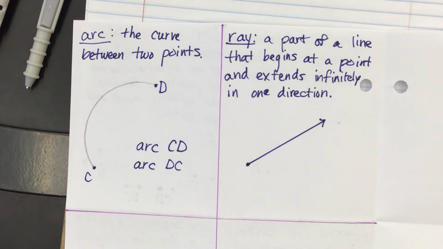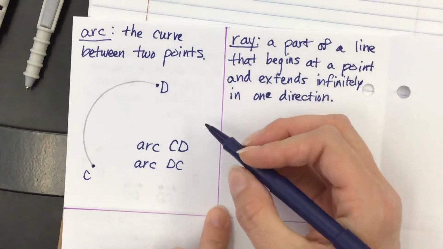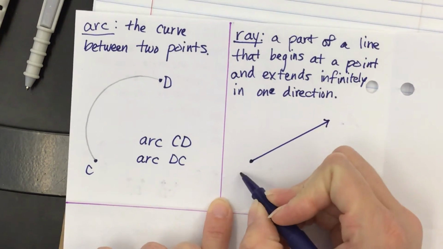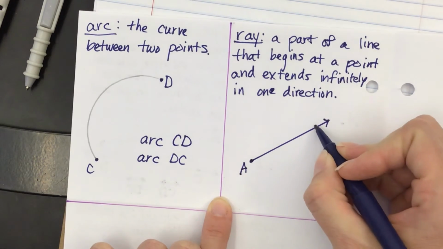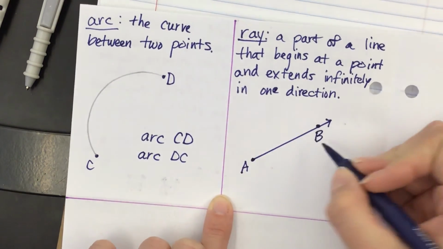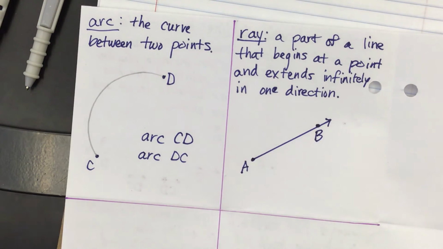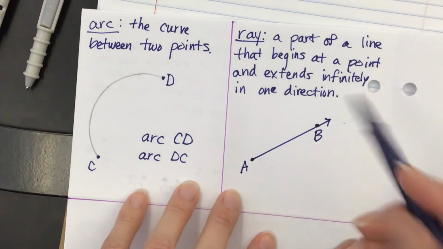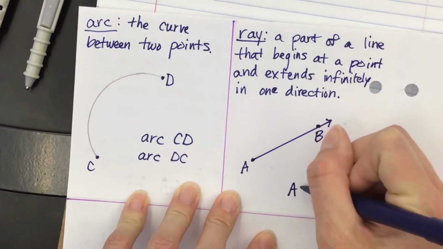And we need to name this ray. And the way that you name a ray is you give the endpoint a name. So this is A. And then you put another point somewhere on that ray, and we'll call this one B. So if we're referring to this ray, it looks like this.